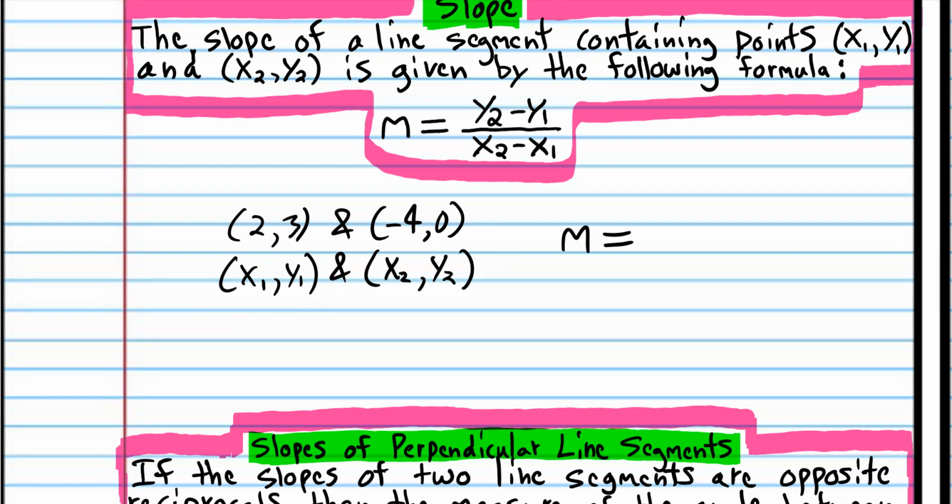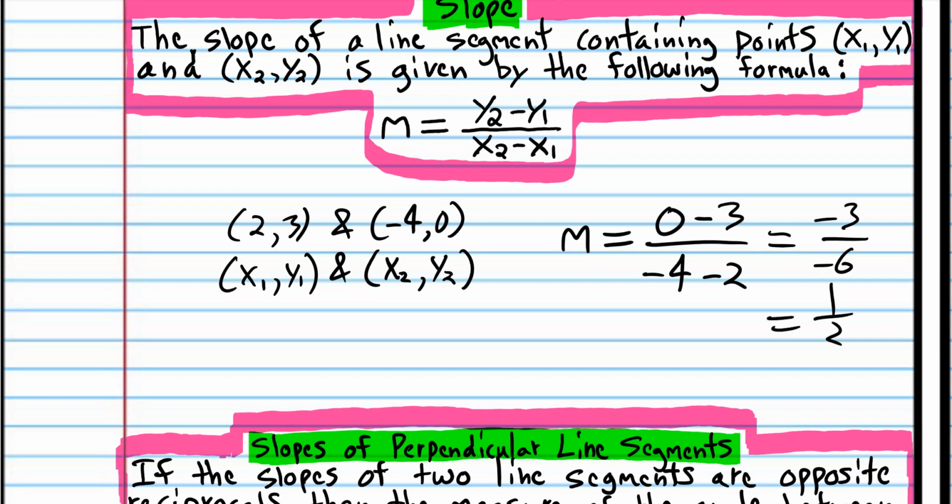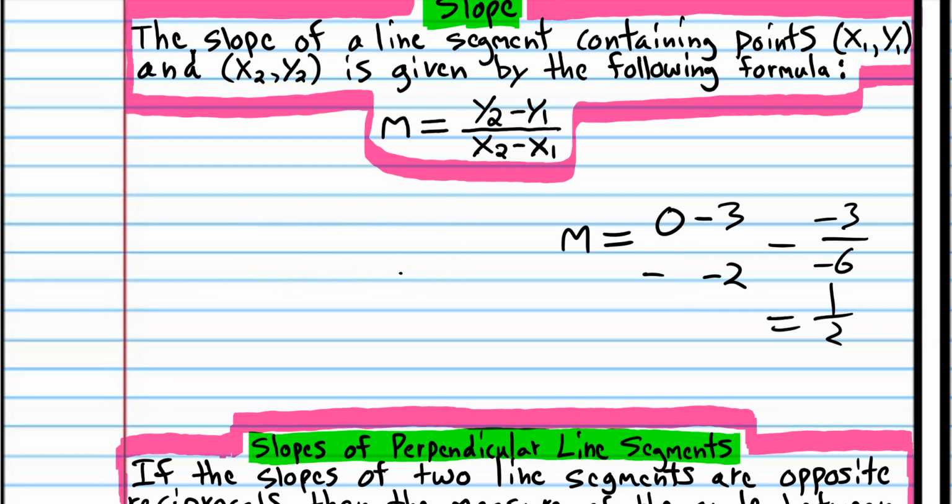So the slope, which is usually notated with a lowercase m, is equal to 0 minus 3 over -4 minus 2. And simplify, you get -3 over -6, which is positive 1/2. So that's how you find the slope. And so that's what we're going to do here.